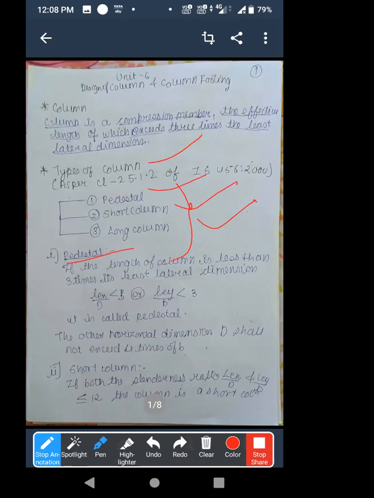A pedestal is nothing but if the length of the column is less than 3 times its lateral dimension, it is known as a pedestal. As you know, a column is one whose length is more than 3 times the lateral dimension, whatever the b or thickness may be.